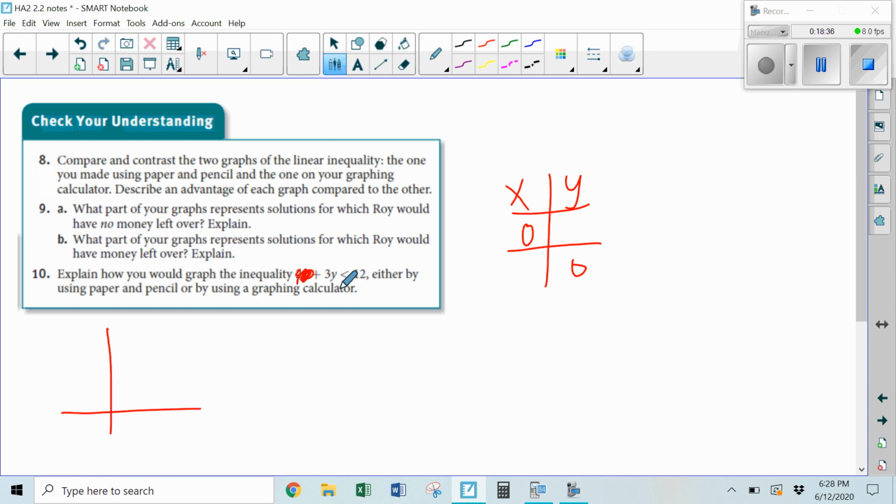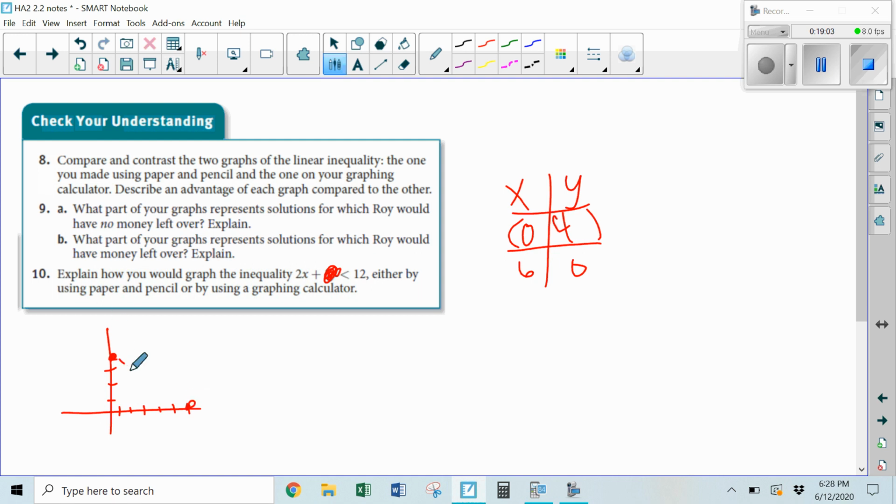I can figure out Y really easily. Divide by 3, Y is 4. Hardly have to show any work or think too hard on that one. If Y is 0, 3 times 0 is 0. What would X be? 6. So I plot the point 0, 4, and 6, 0.